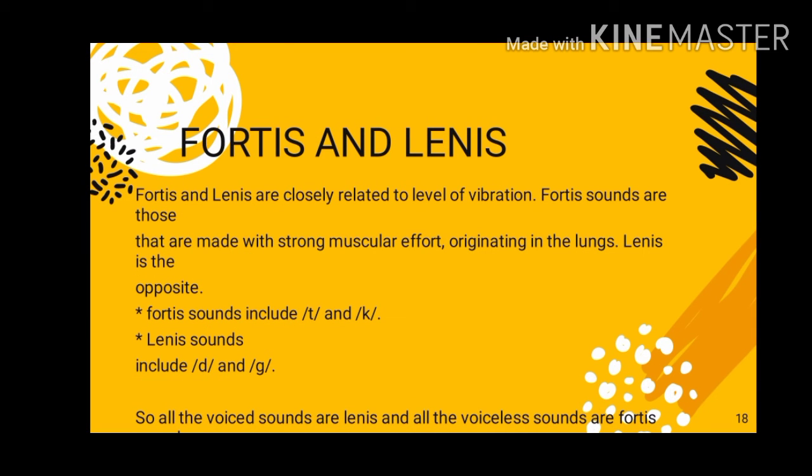Fortis and lenis. Fortis and lenis are closely related to level of vibration. Fortis sounds are those that are made with strong muscular effort, originating in the lungs. Lenis is the opposite.